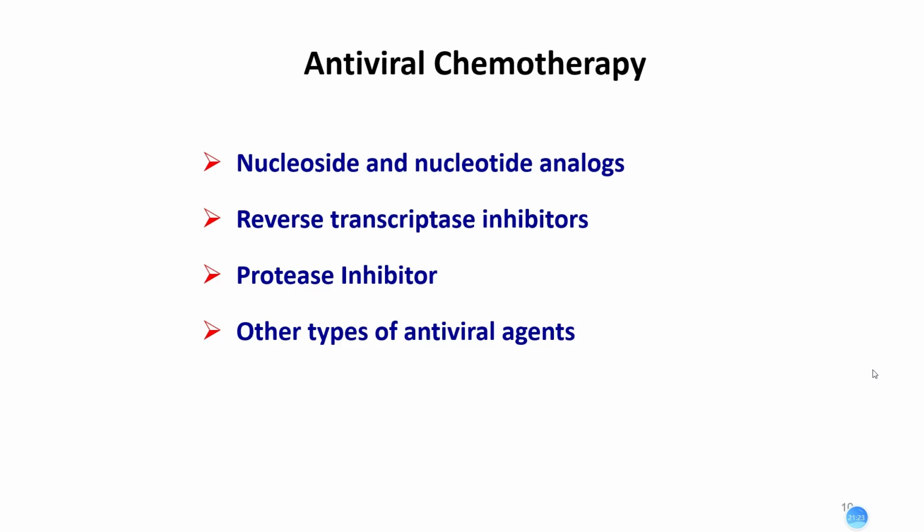For a lot of viruses, they use some protease to cut the big polypeptide into a lot of proteins, such as the COVID-19. There is a protease inhibitor, and also other types of antiviral agents.